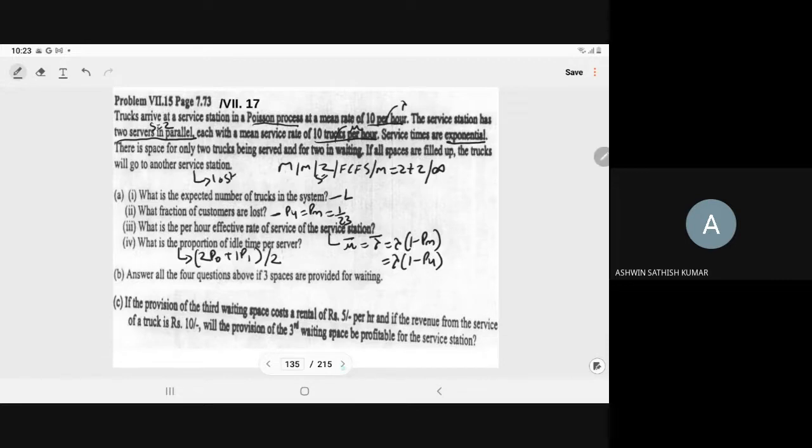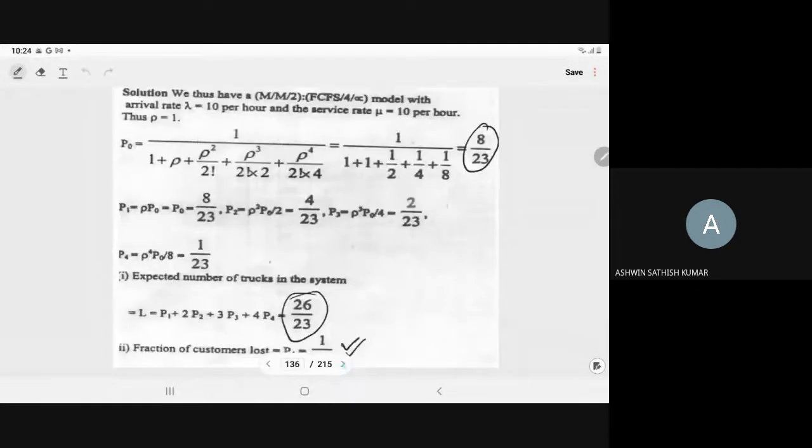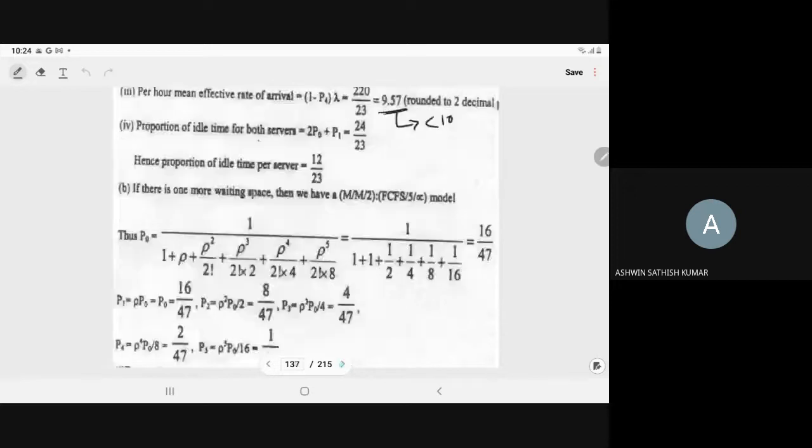That will give you the idle time per server. The expected idle time 2 P naught plus P1 is 24 by 23, and per server we divide by 2. So it will come 12 by 23.